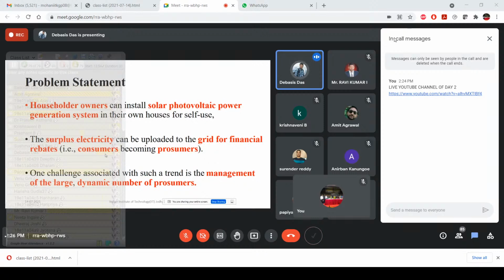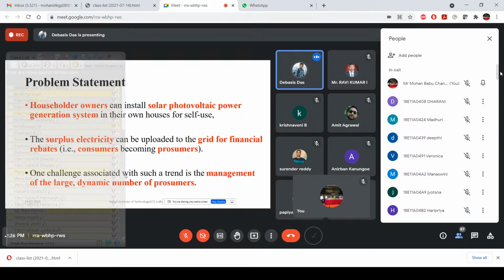Then the consumer becomes a prosumer. Previously, in the general concept, a consumer only consumed energy, but here they consume as well as upload energy, so that's why we call them a prosumer, meaning both producer and consumer. So the characteristic is now different.